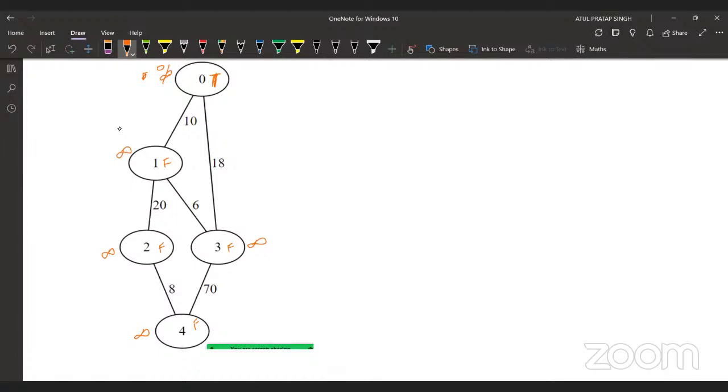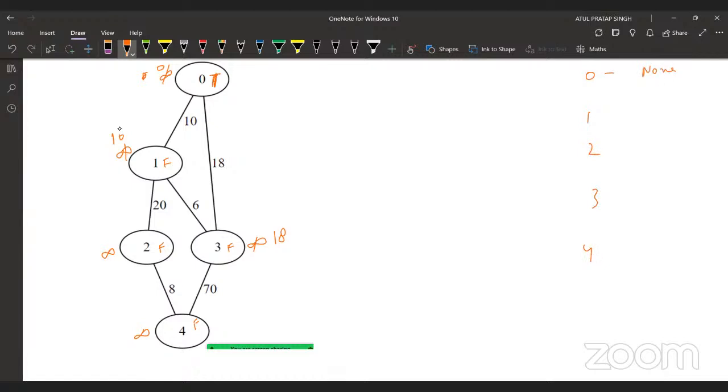From 0 to 1 we can come at cost 10, so we update this to 10. Similarly, 0 to 3 we can come at cost 18. For a spanning tree, we will also store parent information, for vertices 0, 1, 2, 3 and 4. For 0 there is no parent, so we store none.